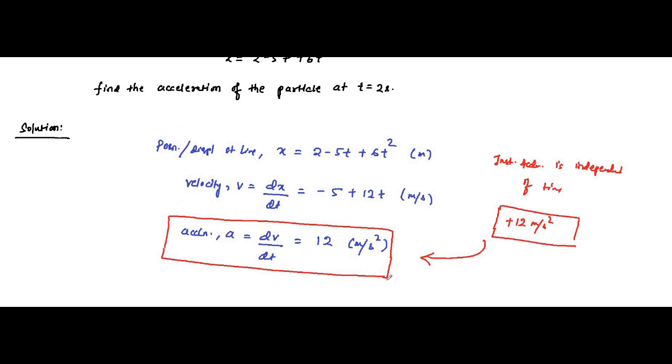No matter what the time is, whether it is 1 second, 2 second, 3 second, whatever it is, it will be this much. So according to the question, the acceleration of the particle at t equals 2 seconds will be 12 meters per second square, the same.